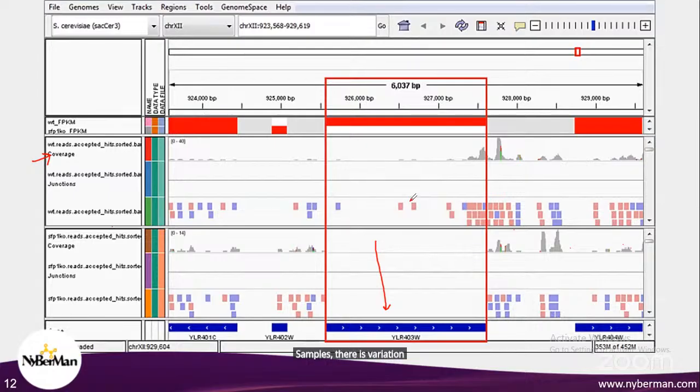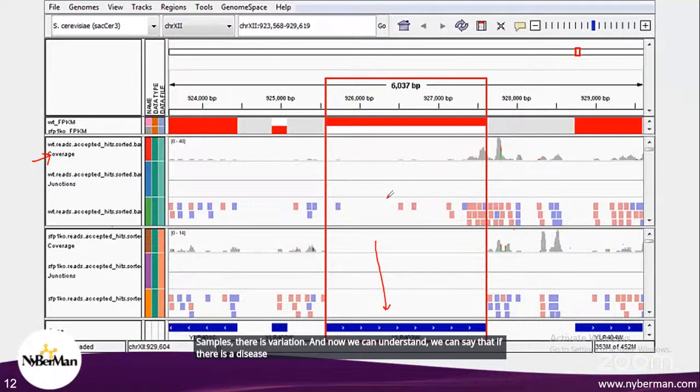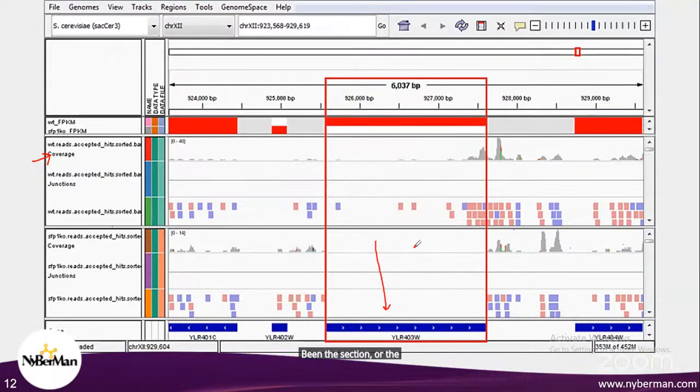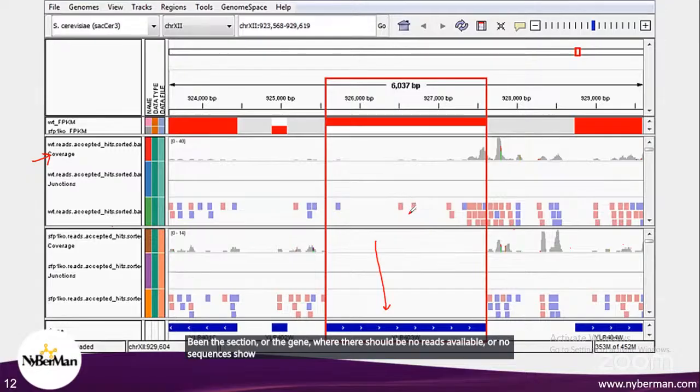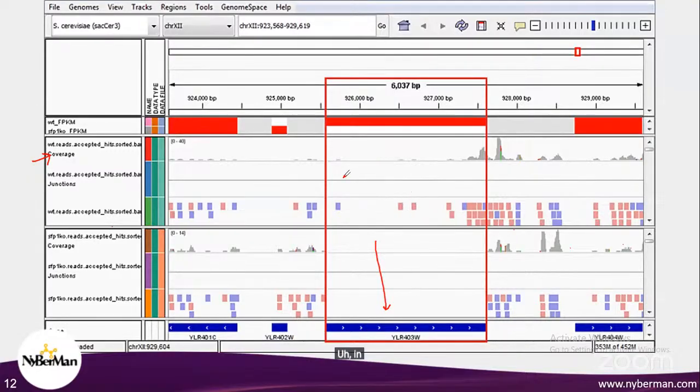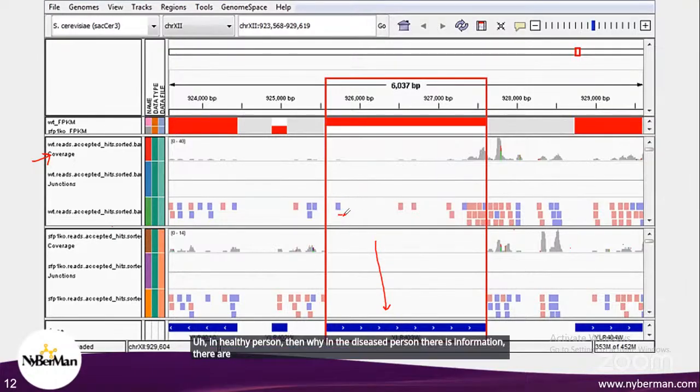When we compare diseased to healthy samples, there is variation. And now we can say that if there is a disease, then the section or gene where there should be no reads or sequences in a healthy person, why in the diseased person is there information, there are sequences or reads captured by the sequencer, and this could be the reason for causing the disease.